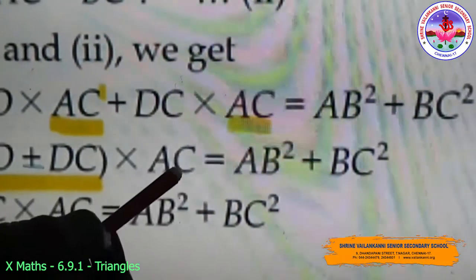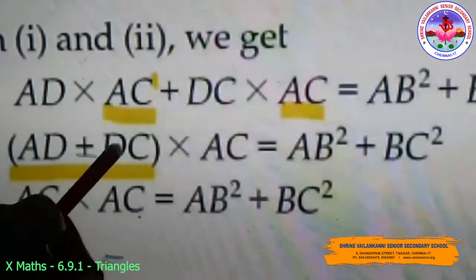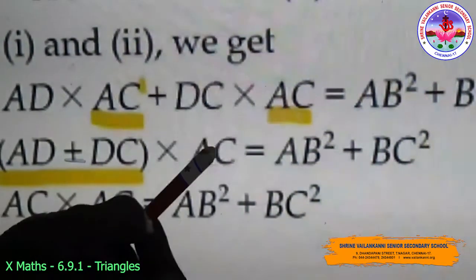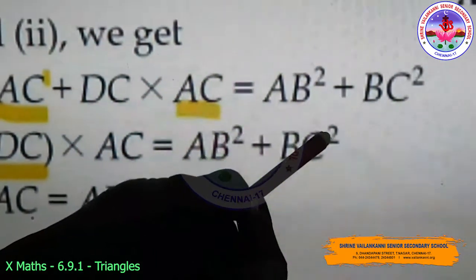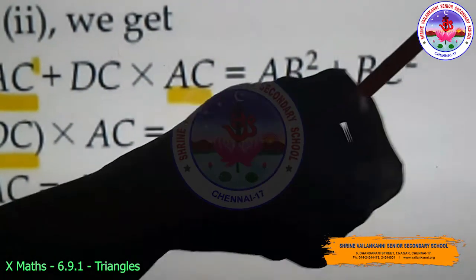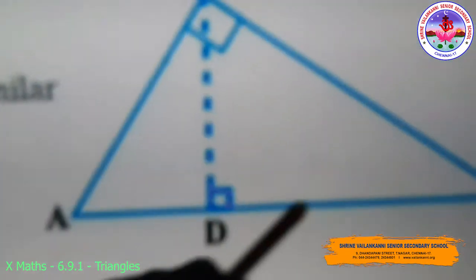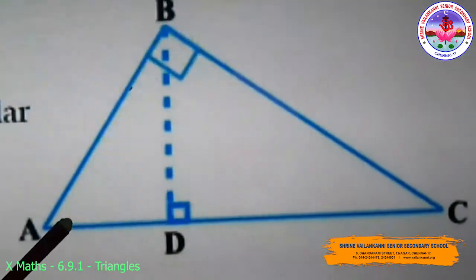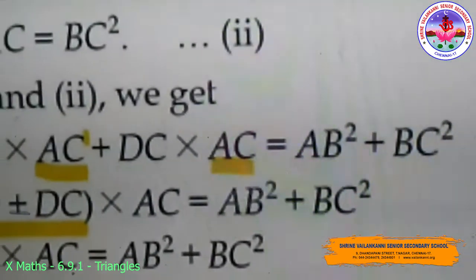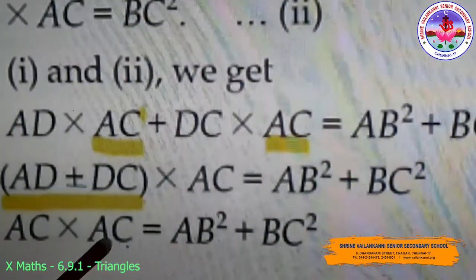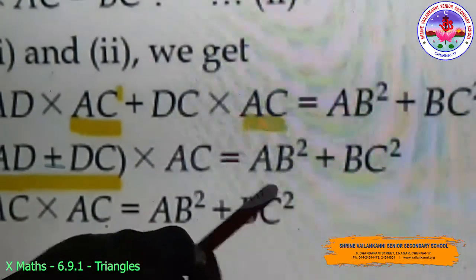Taking AC commonly outside, I will have AD plus DC inside the bracket into AC, which is equal to AB square plus BC square, where in the figure AD plus DC is equal to AC. So I am substituting AD plus DC as AC, into AC, which is equal to AB square plus BC square.